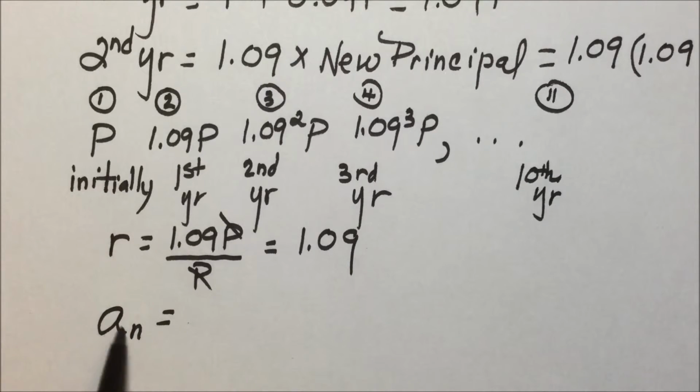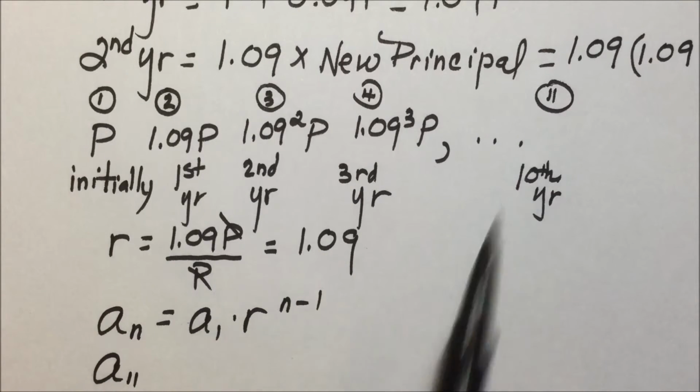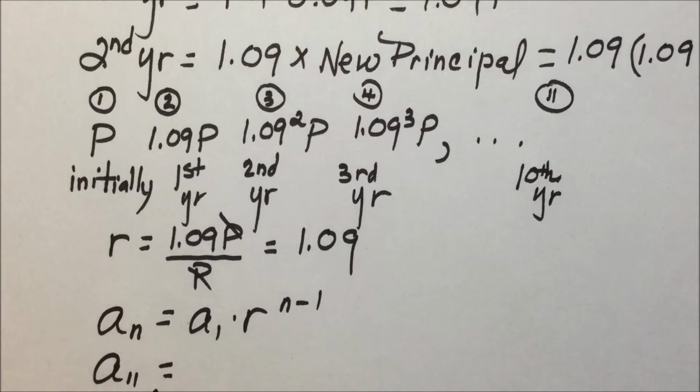The formula is: the nth term in a geometric sequence is the first term times the common ratio to the n minus 1. Even though it's the 10th year, it's the 11th term, which is equal to the first term, P.